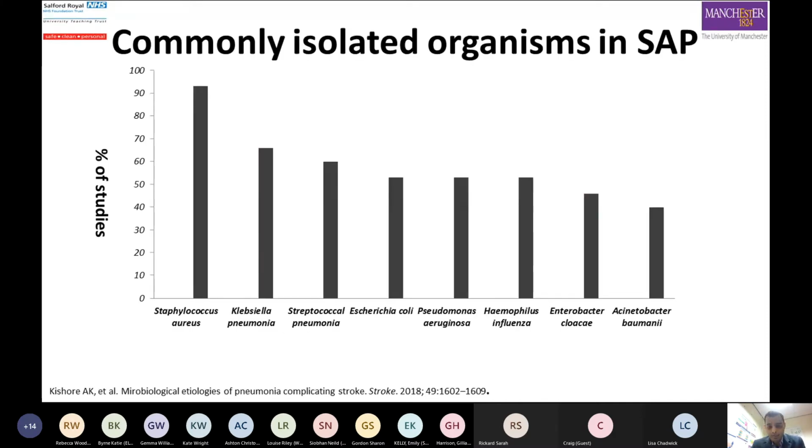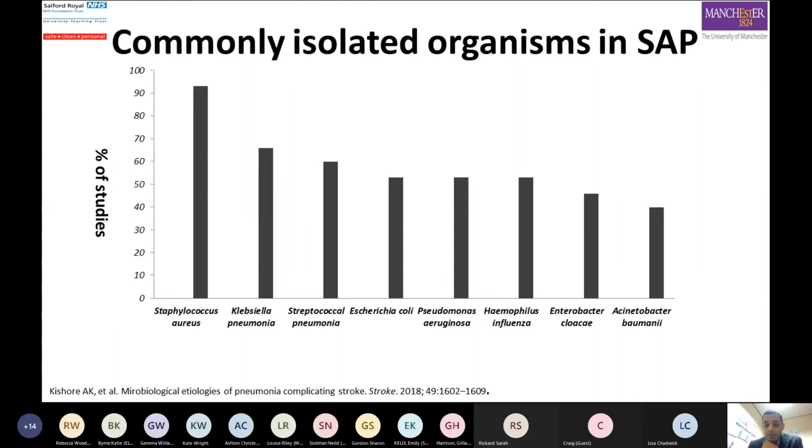As a first step, we looked to identify what bacteria are present in patients who are suffering pneumonia after a stroke. And we performed a systematic review and meta-analysis looking at all the studies which had sent off cultures for bacteria.